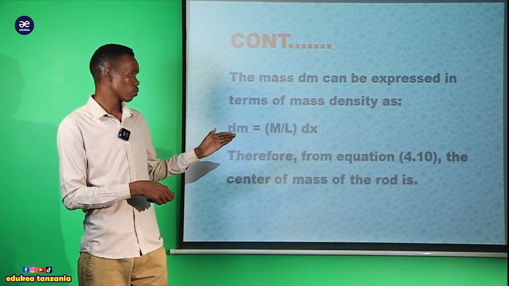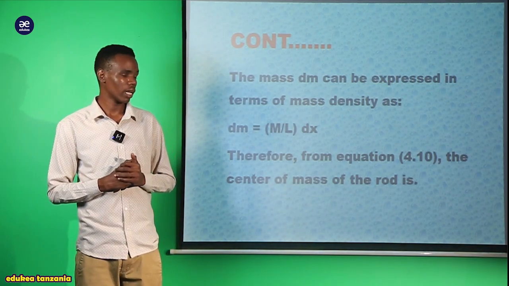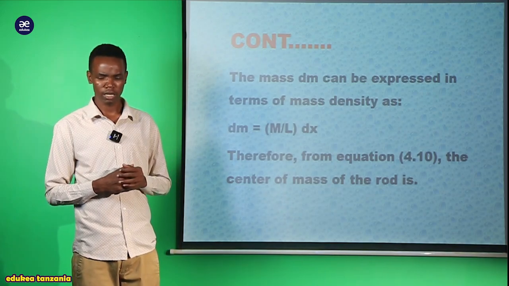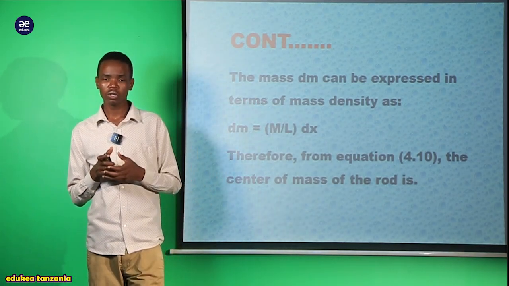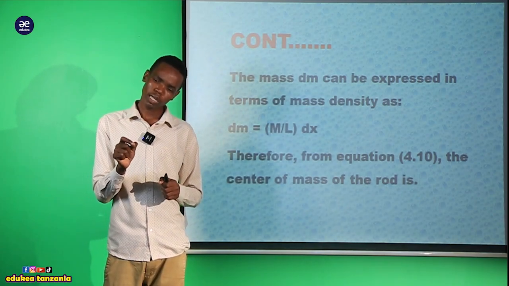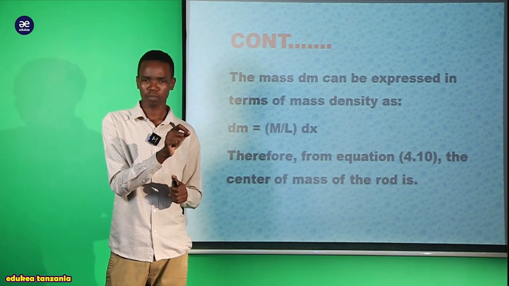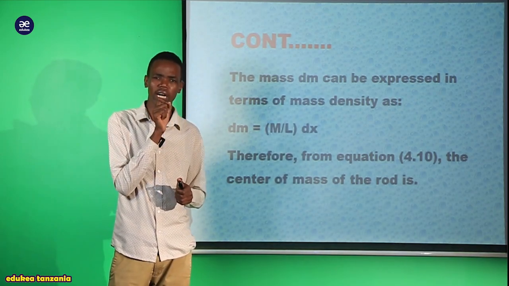Now from equation 4.10, as we tried to see in the last session, we tried to express this mass density. What you are supposed to do here is take a uniform load. After taking the uniform load, the middle is the axis of rotation. At the axis of rotation, place a distance x. At that x, put a small change, a very small change of mass.